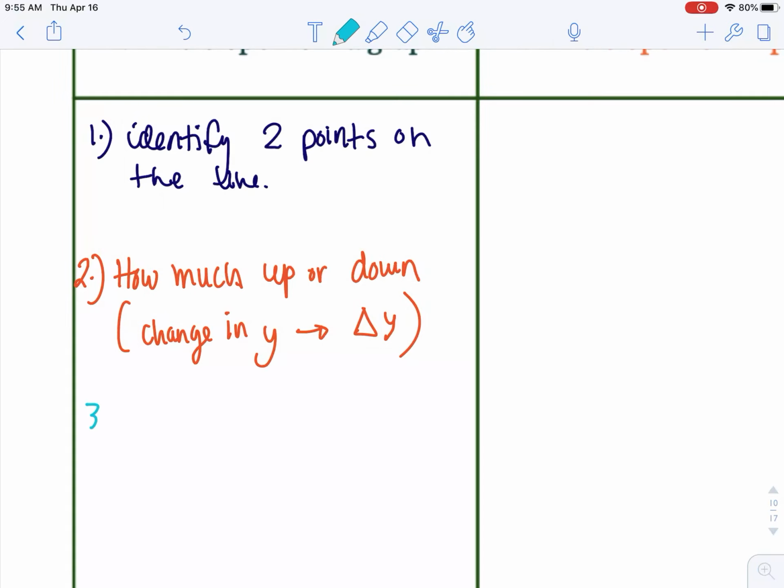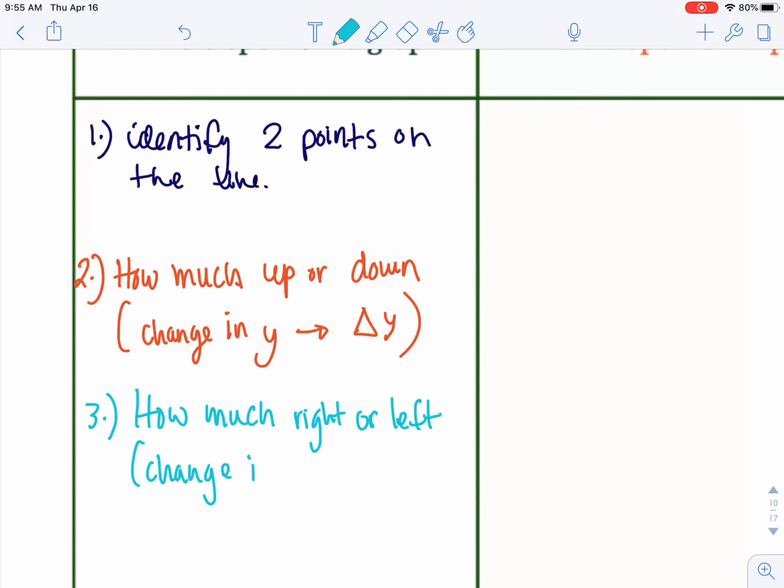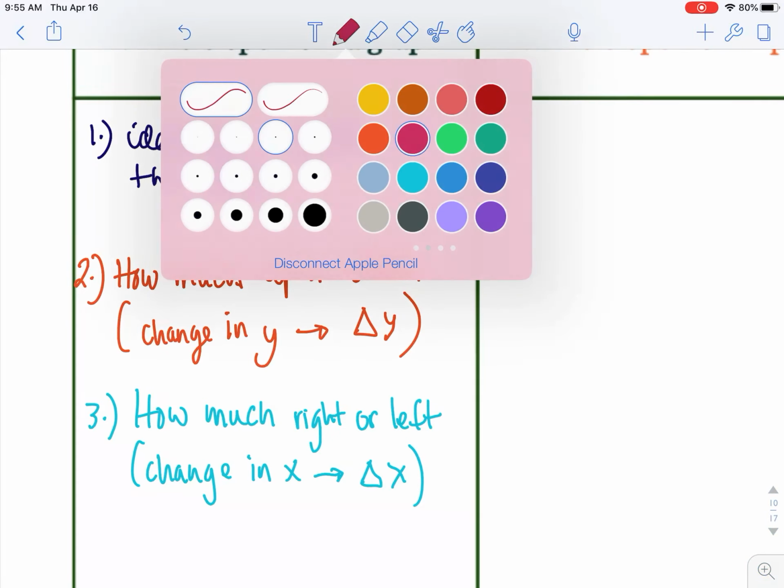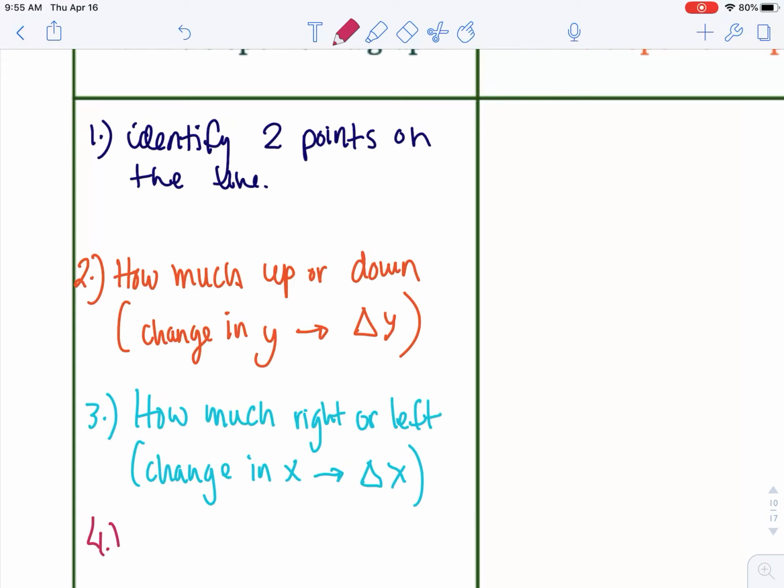And then we look at how much right or left, and that is your change in x or delta x. And then we simplify. You always need to simplify.